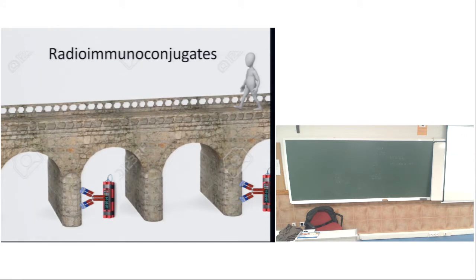And the example in this case would be like, if you want to destroy this bridge, let's say a tumor, you don't have to put bombs in every column, in every pillar of the bridge. You just have to destroy a few of them, and then the bridge will collapse, and the tumor will die.